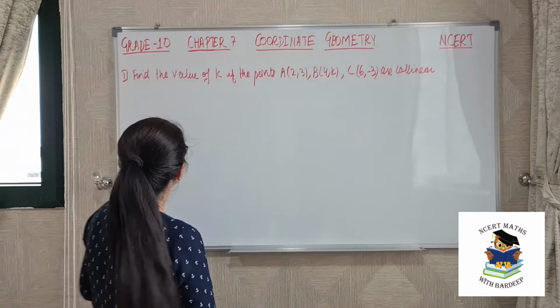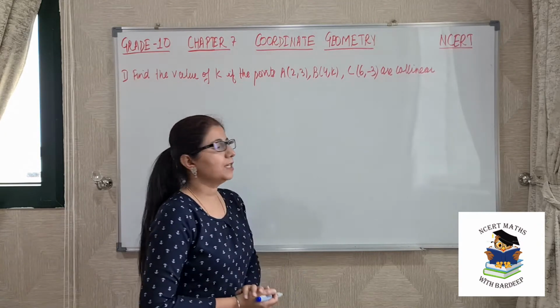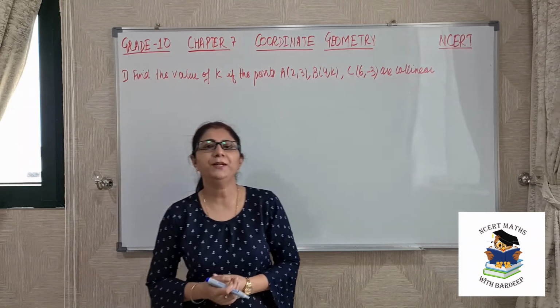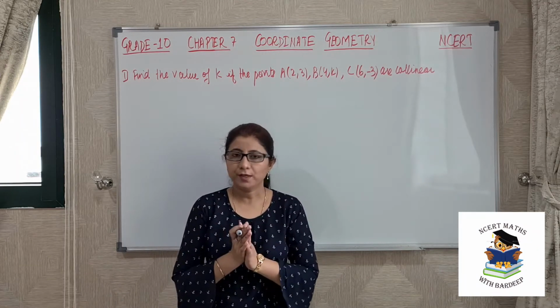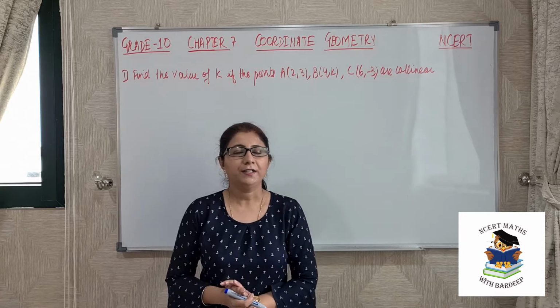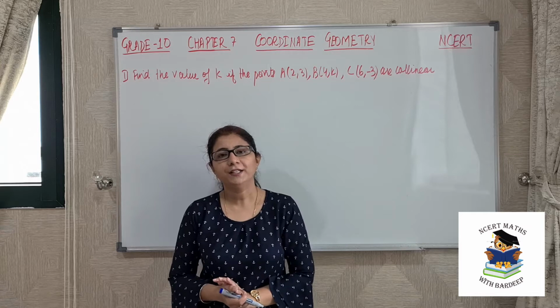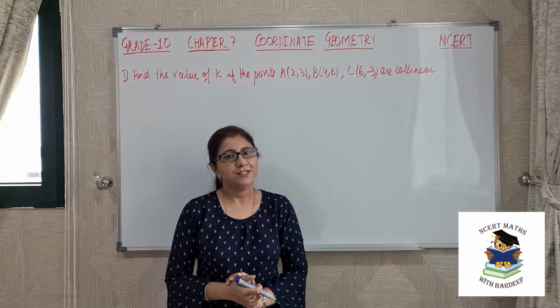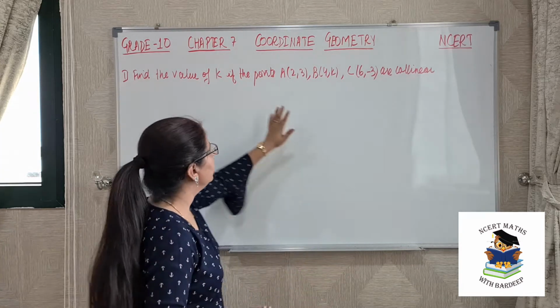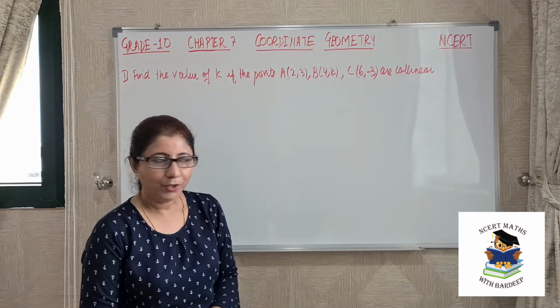Let's see another application. Find the value of k if these points are collinear. As I have already mentioned, whenever we need to check whether the points are collinear or not, we should find the area of the triangle and equate that value to 0, because area of the triangle formed by collinear points is always 0. So we will find the area, equate it to 0 and then find the value of k.